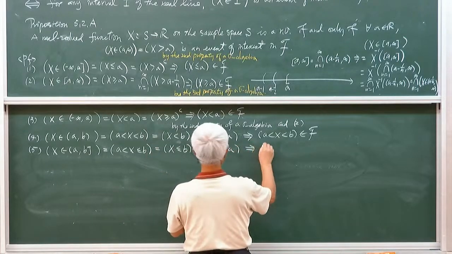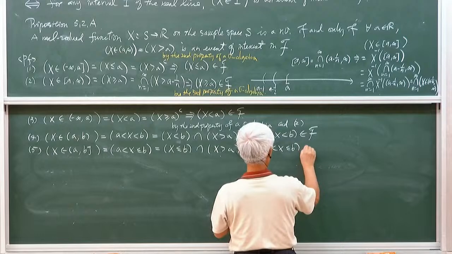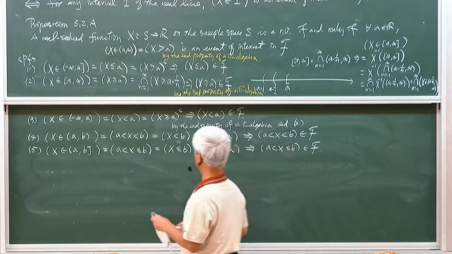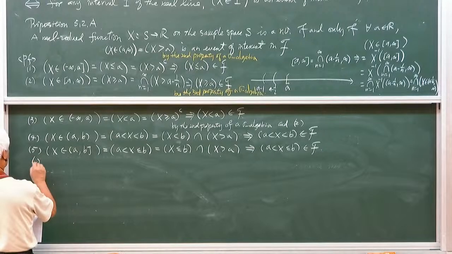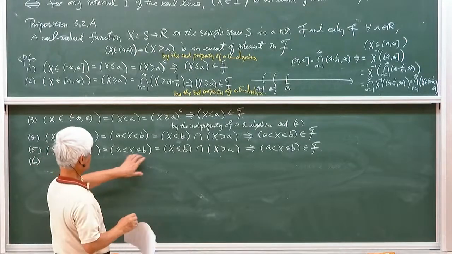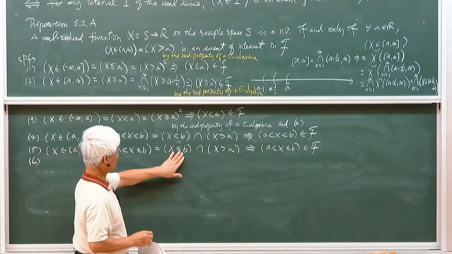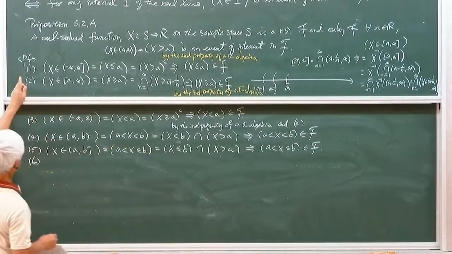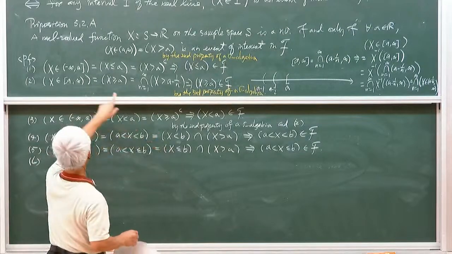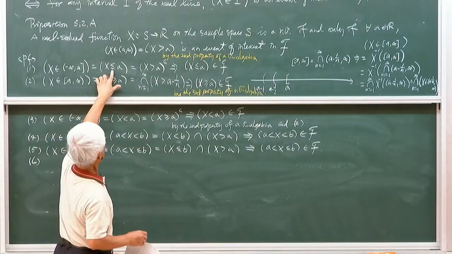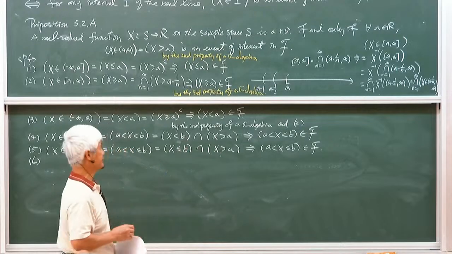Again, this implies that this is the intersection of events of the types we have proved before. So this type is in F, and this is in F.